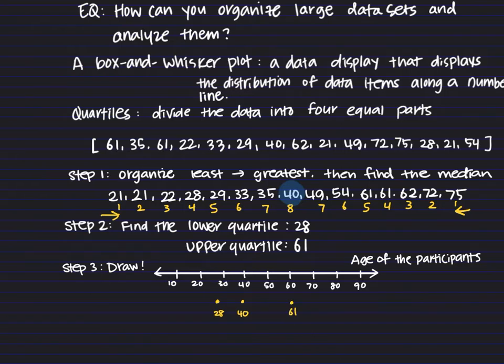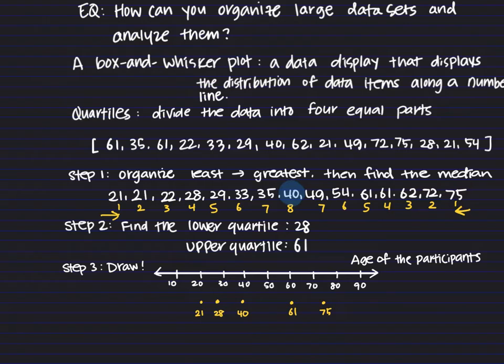And then the two other ones that I have to include are the least number and the greatest number. The greatest one is 75, so I'm going to put it over here, 75. And the least one is 21, so it's going to be somewhere around here.